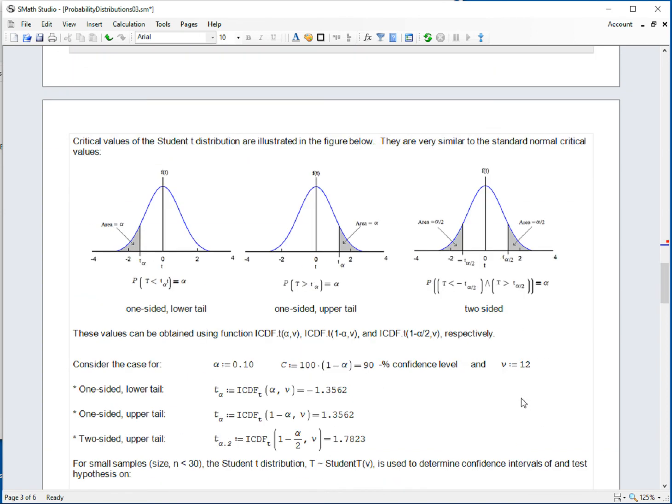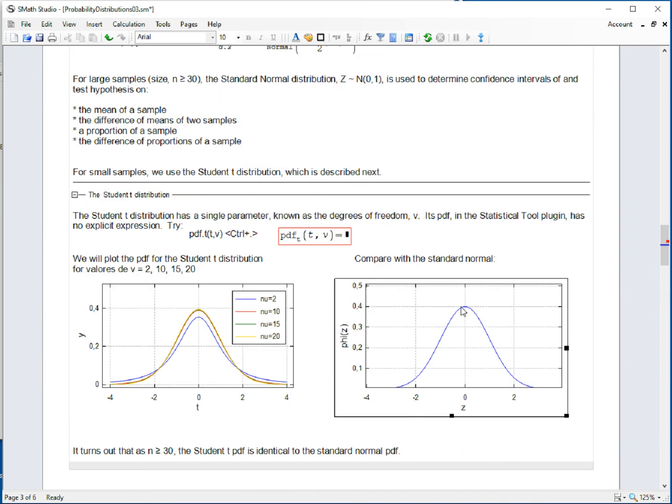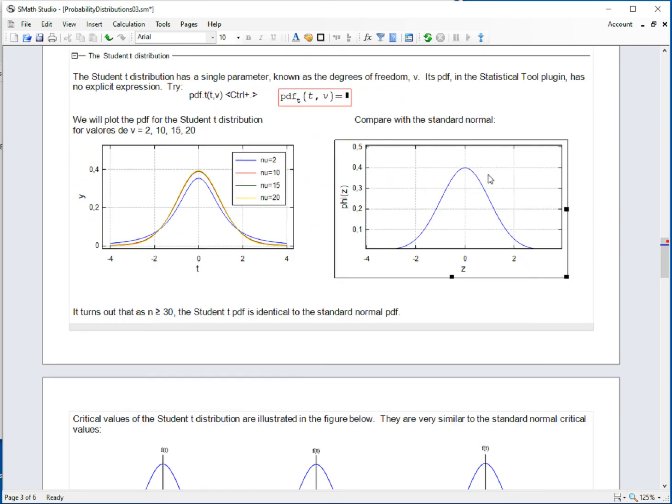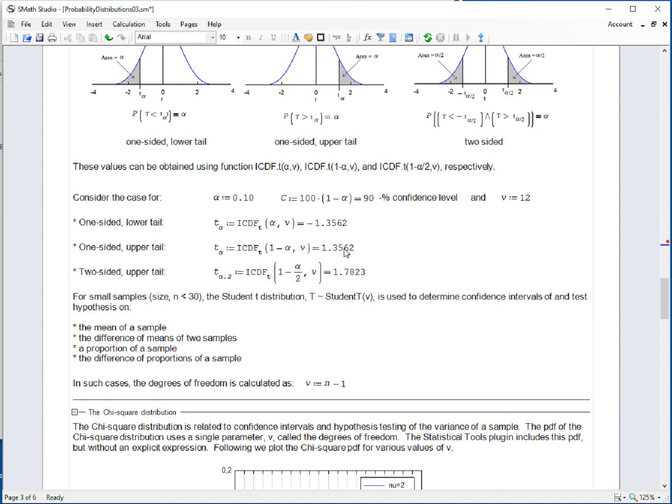The picture of the critical values for the t distribution is similar to the z distribution. And so the calculations will be very similar to the case of the z distribution.